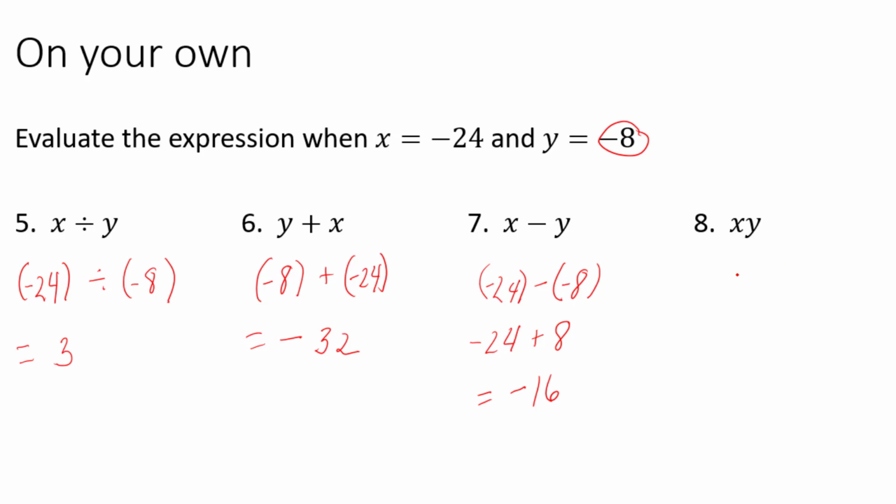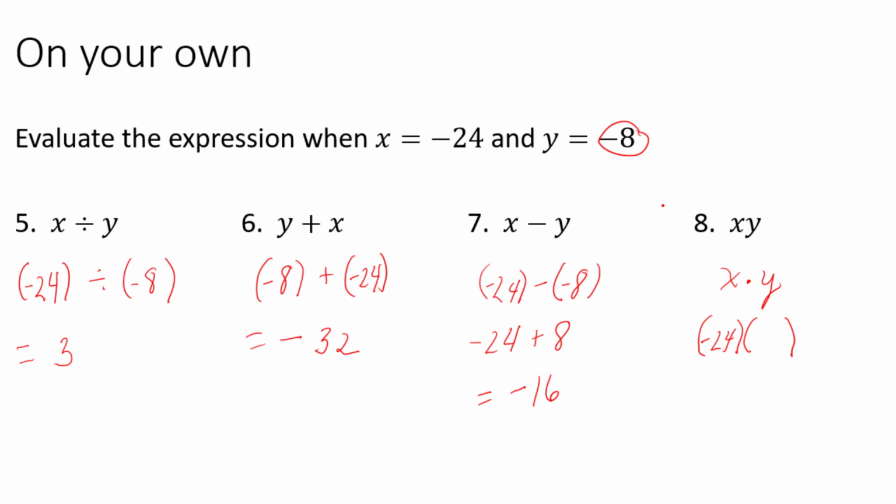Okay, when two variables are together, it means multiplication. So the meaning of this is x times y. Okay, so for x, I can write parentheses. For y, the parentheses. Now in algebra, when two parentheses are together with nothing in between, it means multiplication.